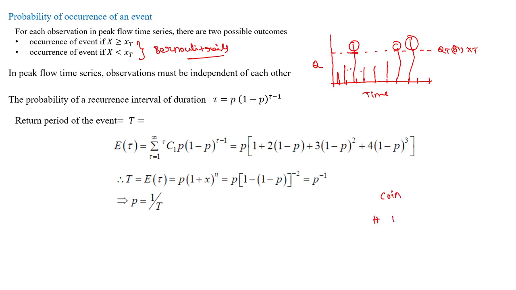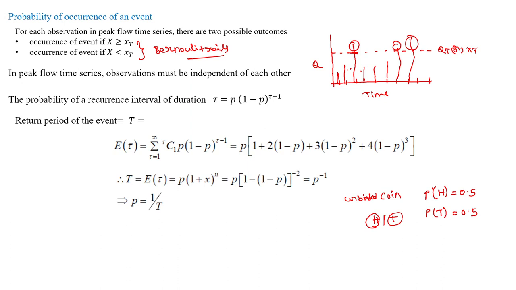Head or tail. What is the probability of observing a head? We know it is 0.5. And the probability of observing a tail is 0.5, because this is an unbiased coin.